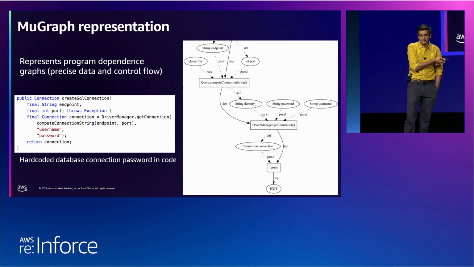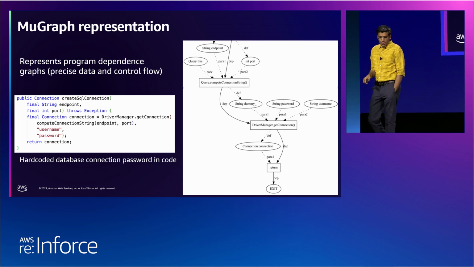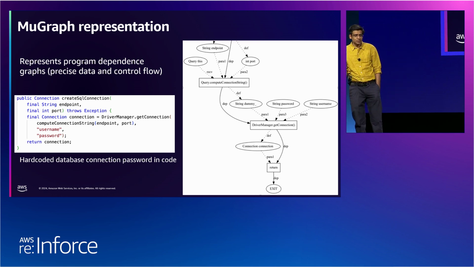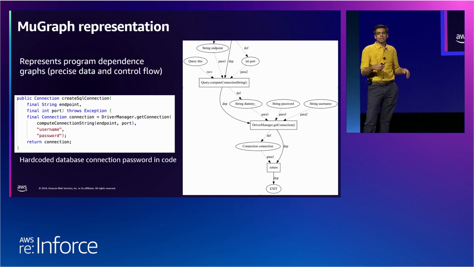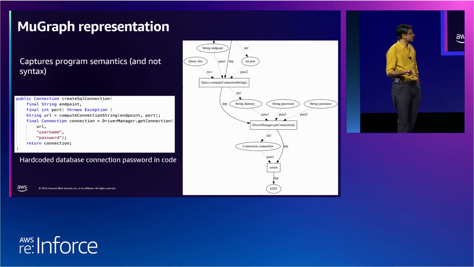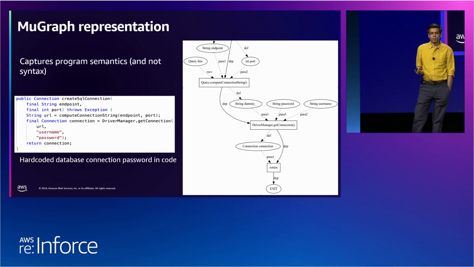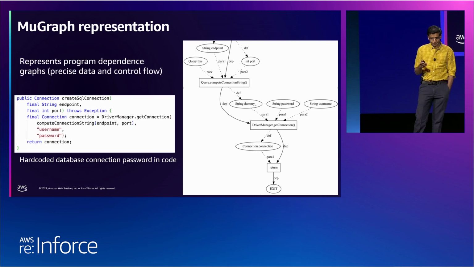There is a node for the connection object. And besides these node entities, there are also edges that are connecting these nodes, and those edges correspond to the dependencies. So technically, the mu graph representation is what we would call a program dependence graph.